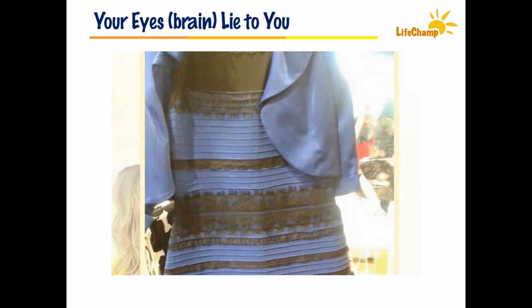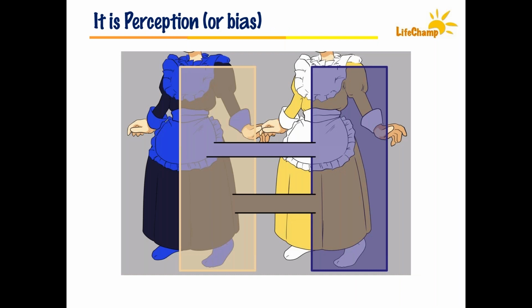It doesn't really lie, but it gives you a perception, because perception is based on the environment. Perception can also be called bias. You see, this graphic shows that both boxes are actually the same color, at these two boxes, okay? And why do we see them differently? Because of perception.